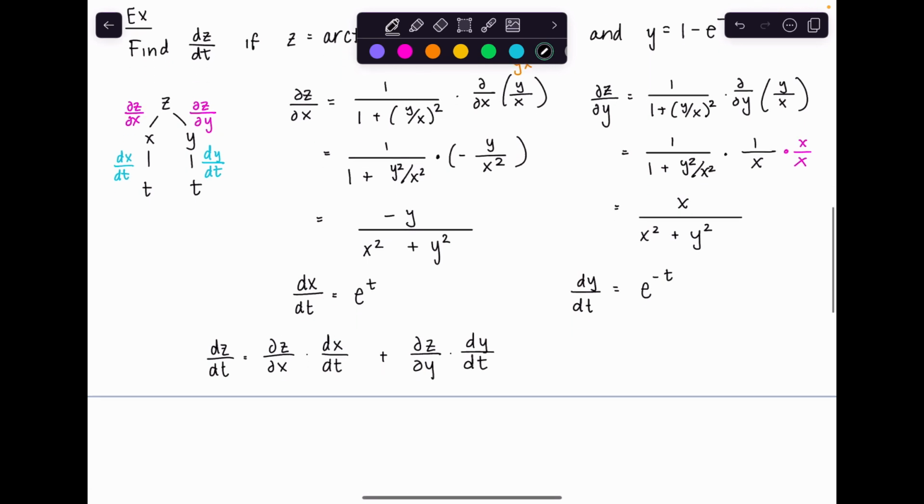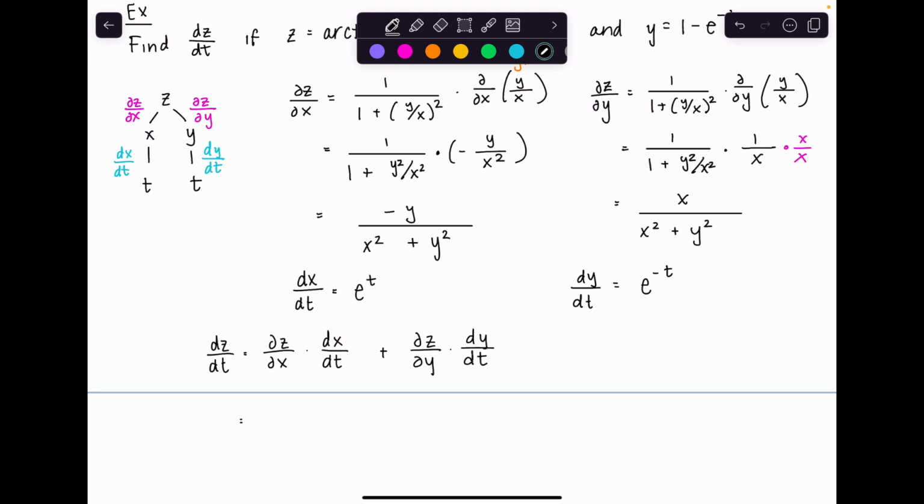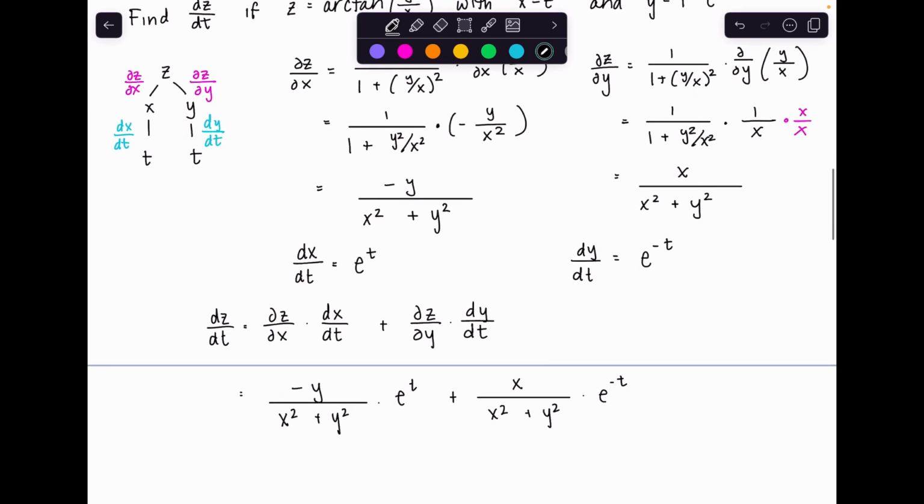So filling in each of these pieces, this is negative y over x squared plus y squared. dx/dt is e to the t. And then partial of z with respect to y is x over x squared plus y squared. And then the derivative of y with respect to t is e to the negative t. This is perfectly fine on your written portion of a test.